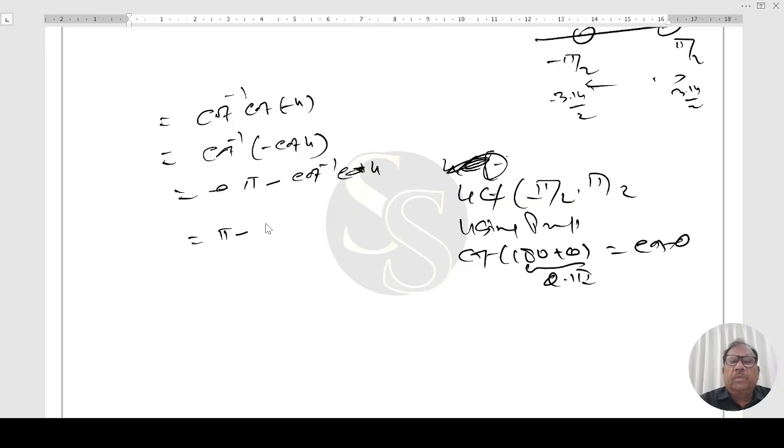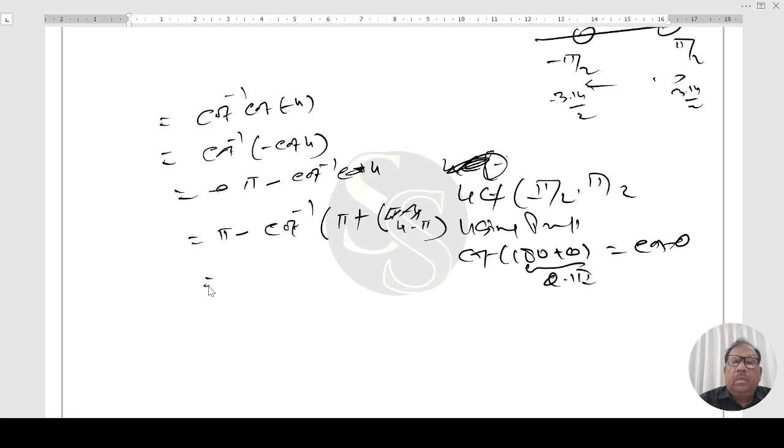That is pi minus cot inverse cot of pi plus, 4 minus pi. This comes out to pi minus, this is pi plus 4 minus pi. Right?